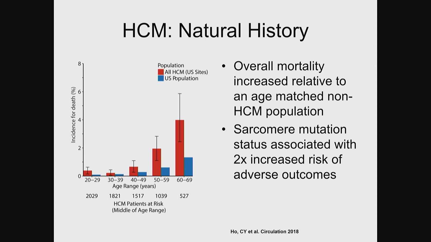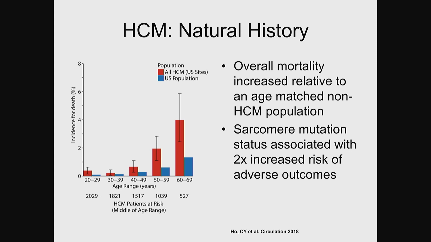However, utilizing a much larger scale, Dr. Carolyn Ho and colleagues examined the natural history of hypertrophic cardiomyopathy in a cohort of over 5,000 patients. And here, she showed that in all age groups with hypertrophic cardiomyopathy, there's a higher rate of death compared to the age-matched U.S. population without disease.